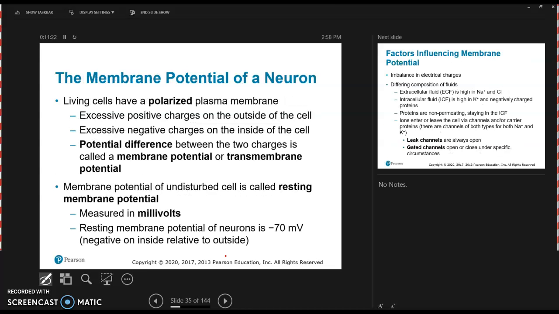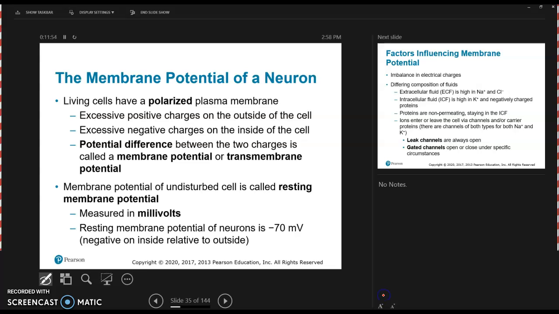Now, we're going to talk about action potentials later, but first we have to understand something called the resting potential. If we were talking about this in physics class or physical science, we would call it the voltage. The resting potential is actually the voltage across the plasma membrane of any cell, but the resting membrane potential of neurons is negative 70 millivolts.